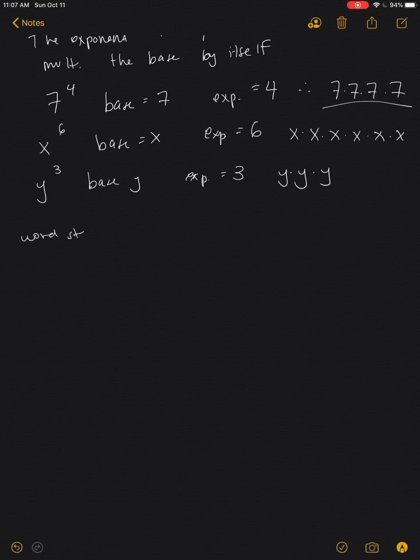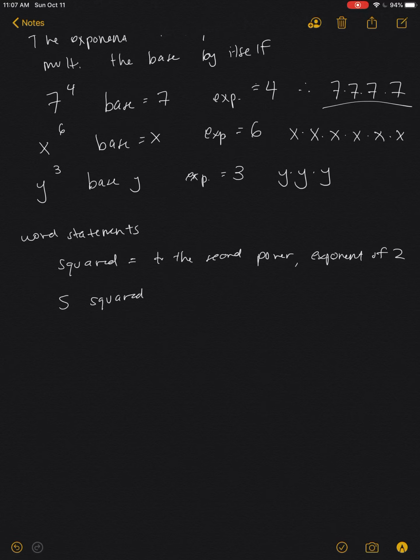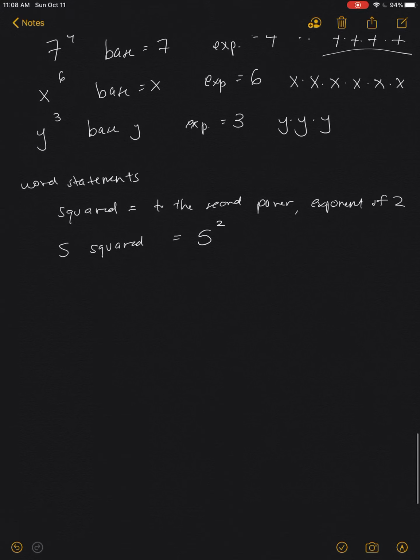Some simple word statements, because they'll be used a lot in everyday language. If something is squared, that means it's to the second power, or has an exponent of 2. So if you say 5 squared, that's equal to 5 to the second power.